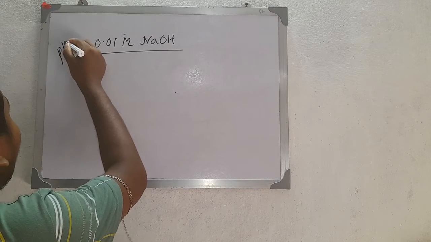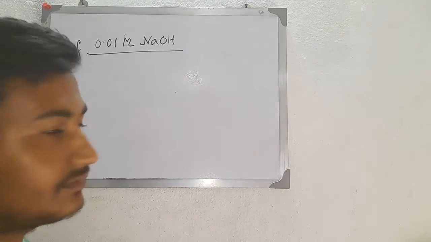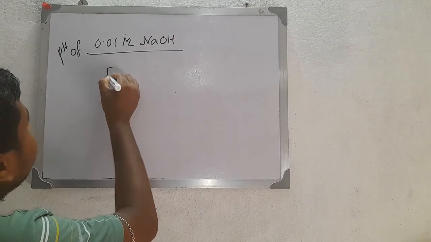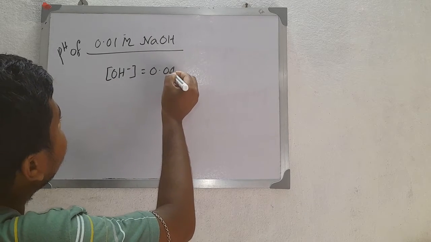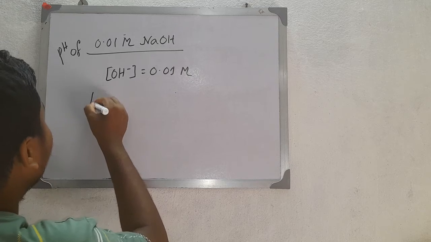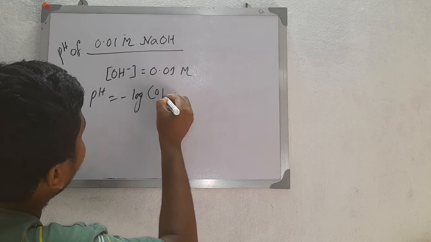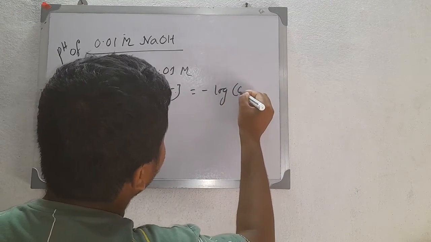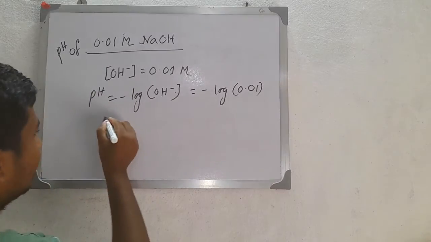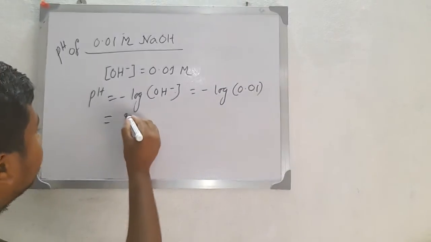So the question is the pH of 0.01 M NaOH. Now the concentration of OH minus equals 0.01 M. So pOH equals minus log of OH minus, meaning minus log of 0.01 M equals 2.